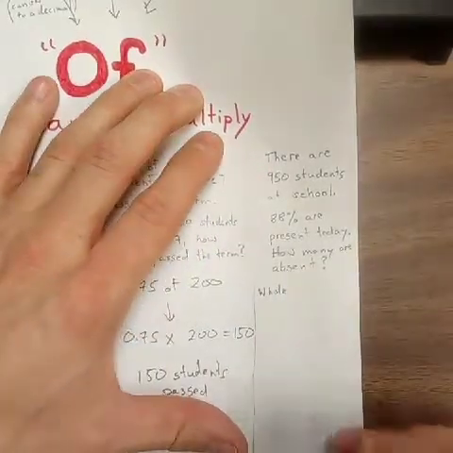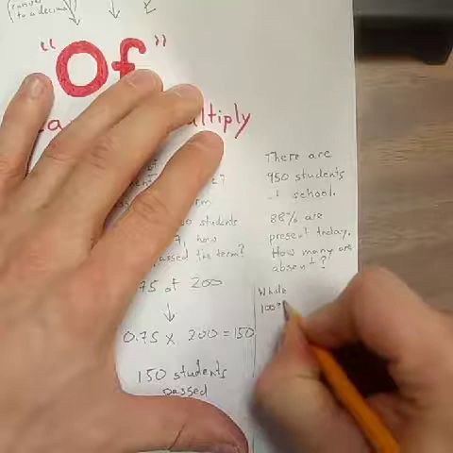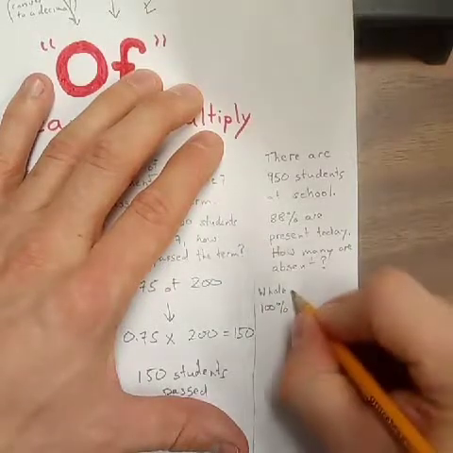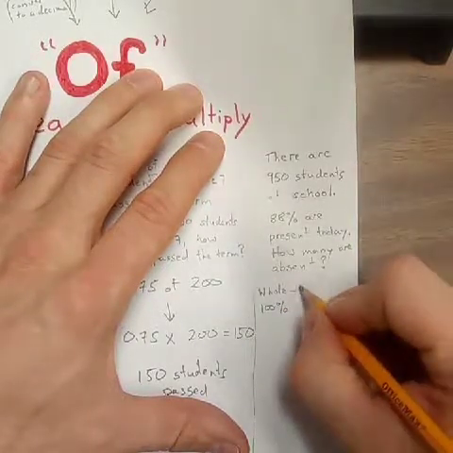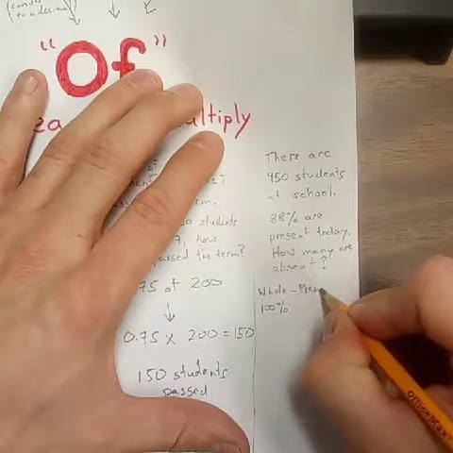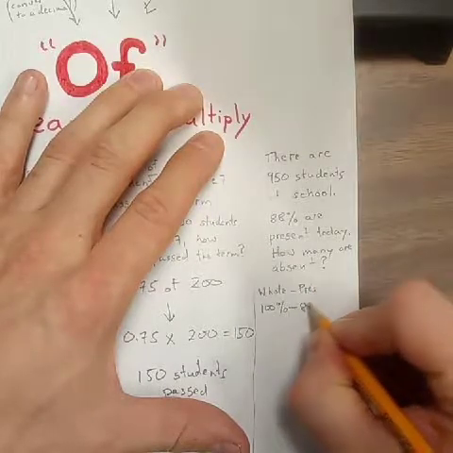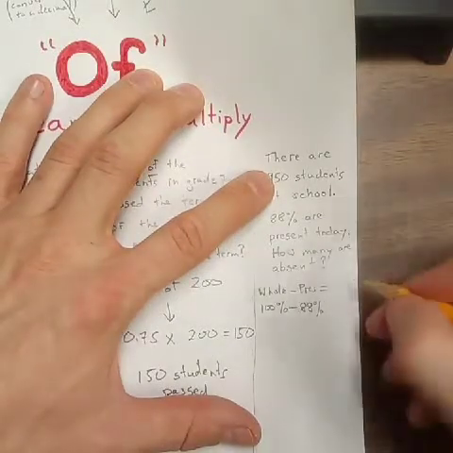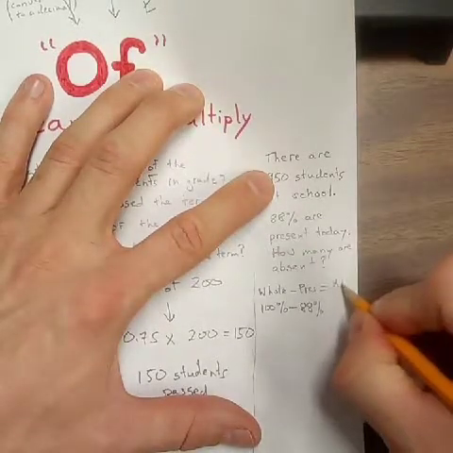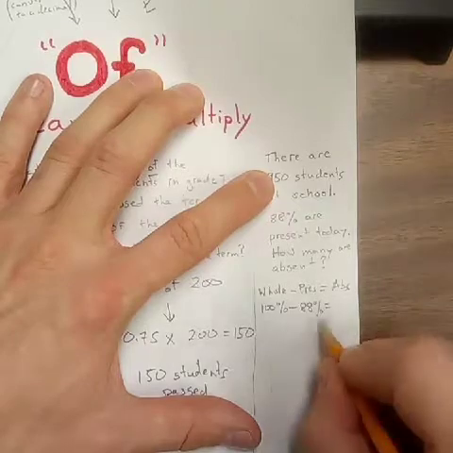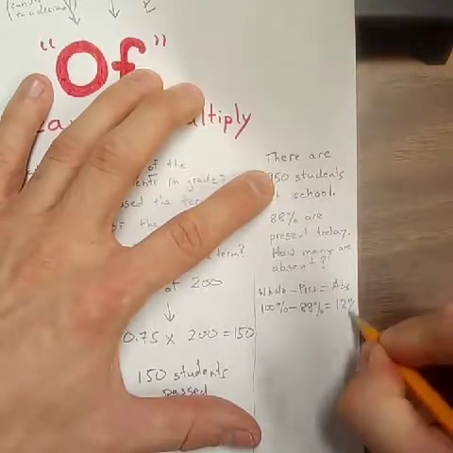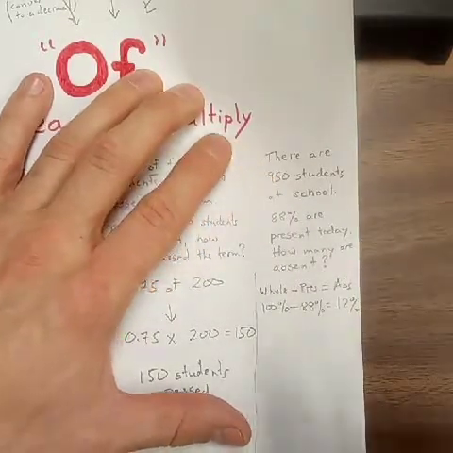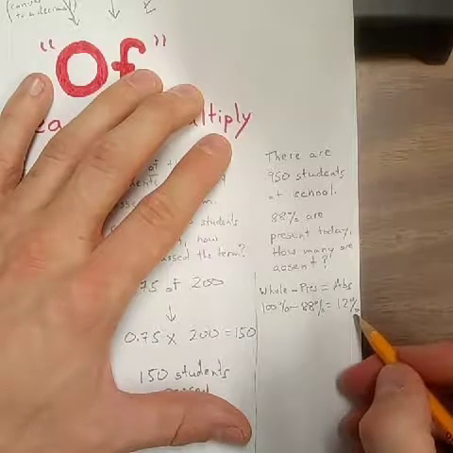So the whole, or all the students, is 100%, minus the students that are present, which is 88%, will give us the amount left, which should be the students that are absent. 100% minus 88% is 12%. So now we know that 12% are absent.